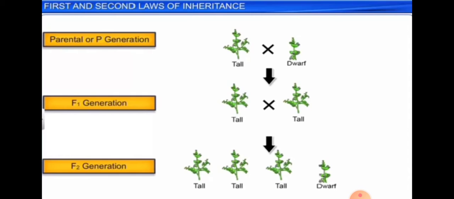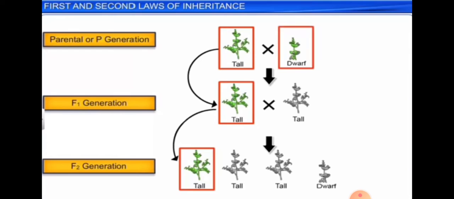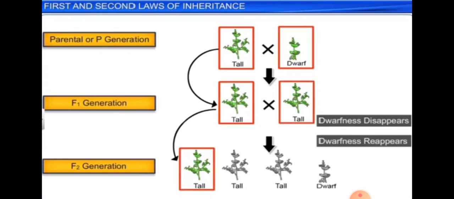From his experiments, Mendel inferred that something stable was passed from the parents to the progeny over successive generations. This was the reason the dwarf trait disappeared in F1 and reappeared in F2.